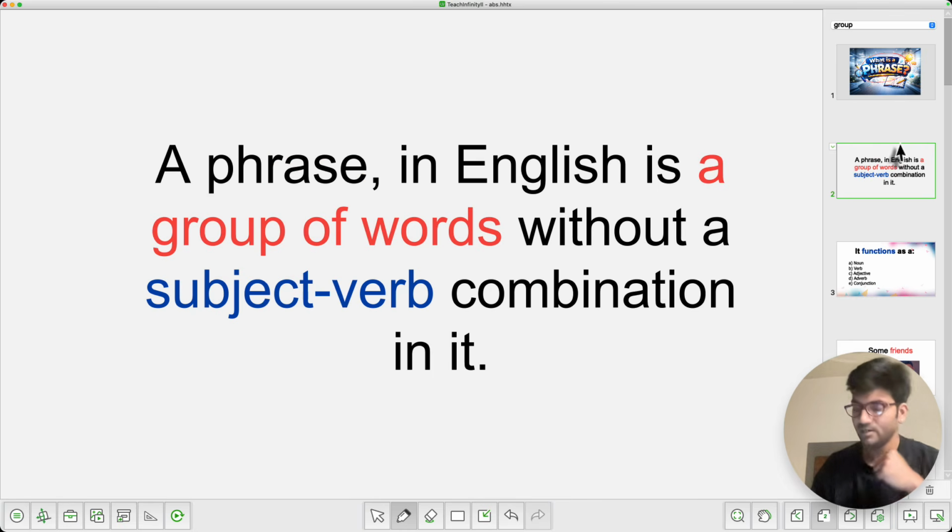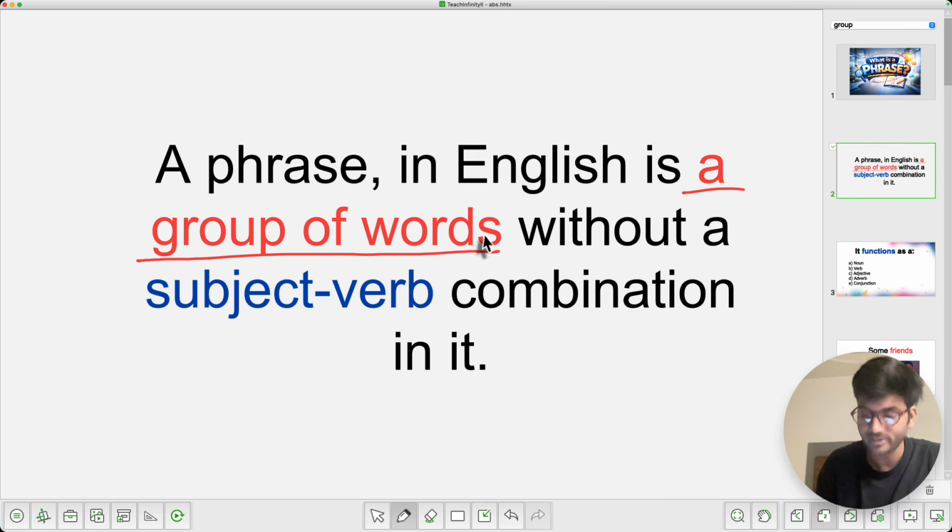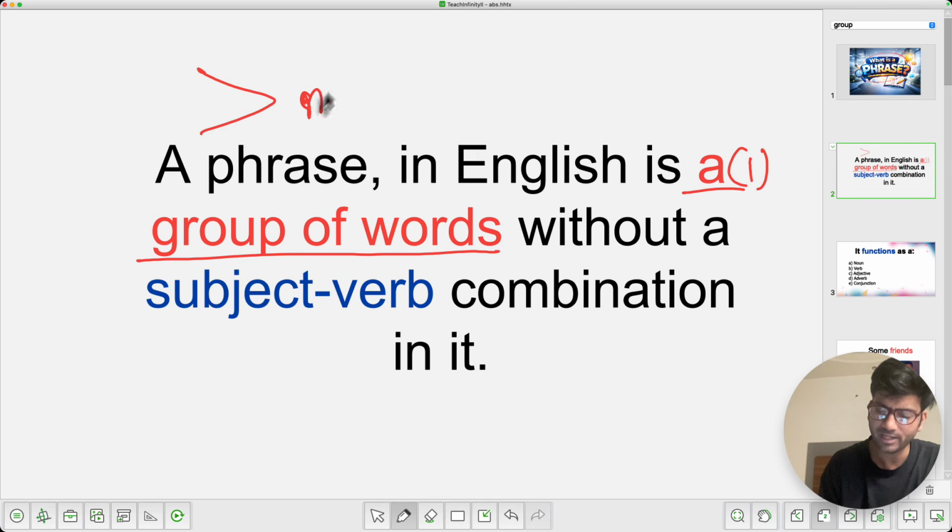Let's do it. Now, let's start with understanding what exactly a phrase in English is. A few very important points. A phrase in English is a group of words. This is the very first thing you should keep in mind. Point number one, it is a group of words, meaning more than one word.